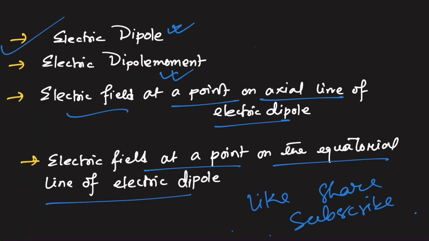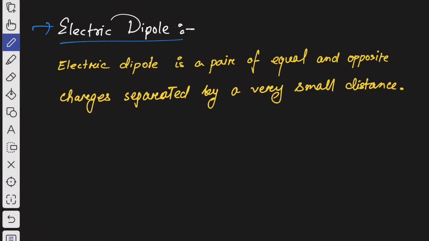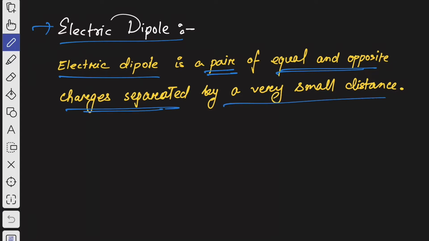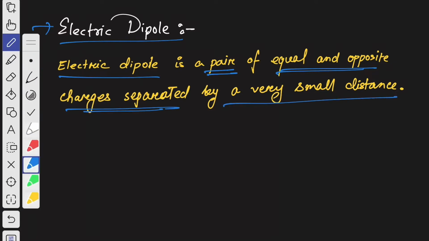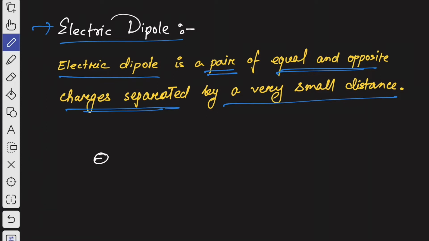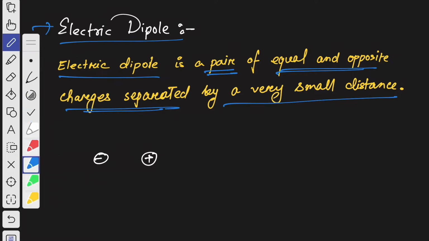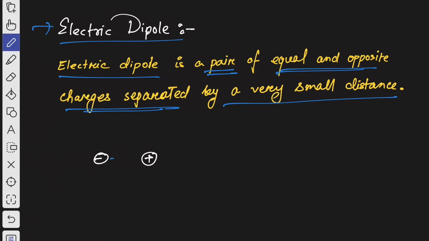So what do you mean by electric dipole? An electric dipole is nothing but a pair of equal and opposite charges separated by a very small distance. Suppose we have two charges, one negative and another positive.